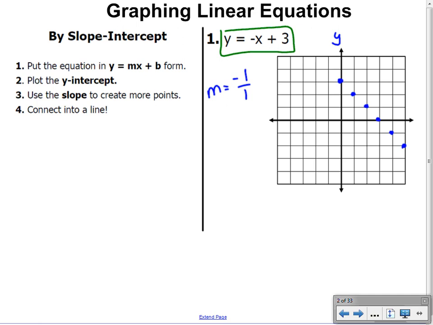If I wanted to go left, I would do the opposite pattern. Instead of going down 1, right 1, I would go up 1, left 1. And I could continue this pattern. Notice my points should continue to lie in a straight line. Once we have them, we can connect, and there is the graph of this function.